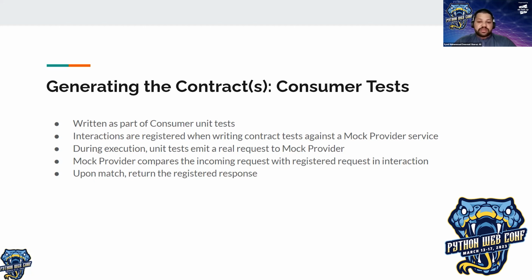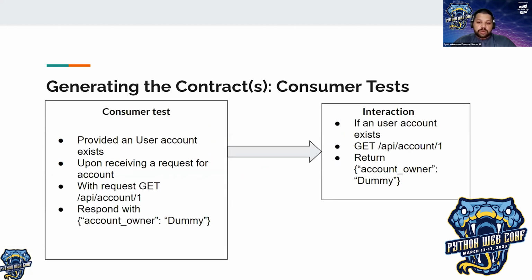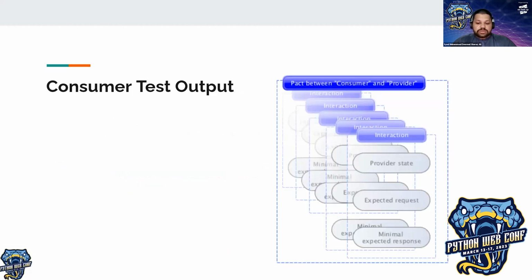That part of generating the contract in the consumer test is the same as how we do traditional API-related tests in our services. The difference is that when these tests are run, we get an output in the form of a contract. If we have 10 different use cases that have been mocked, we'll get a contract that contains all of those interactions.